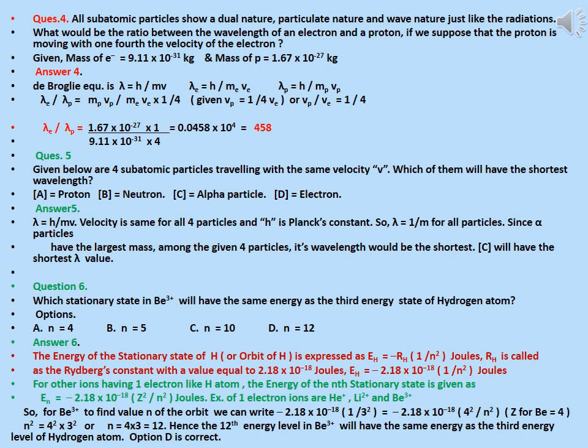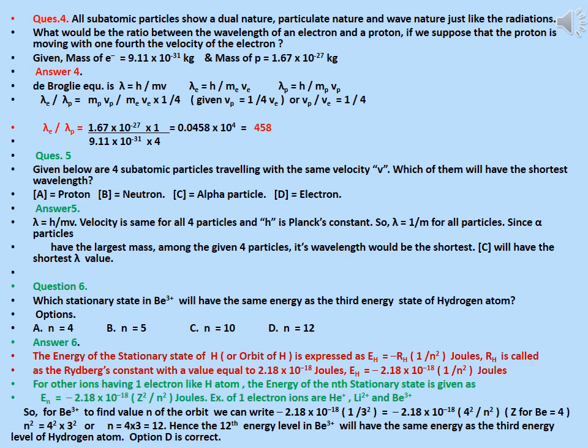Alpha particle is a positively charged helium ion, meaning this alpha particle has 2 electrons knocked away. So it is 2He4. The mass of this particle is 4 atomic mass units. And electron, you know the mass of electron, proton. Neutron has a mass almost the same as that of the proton.